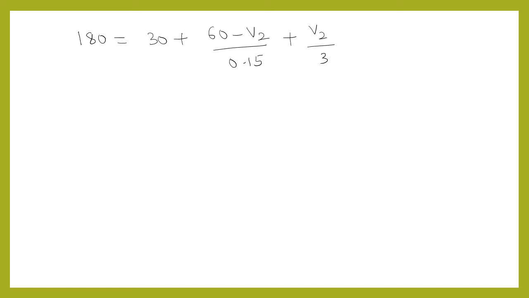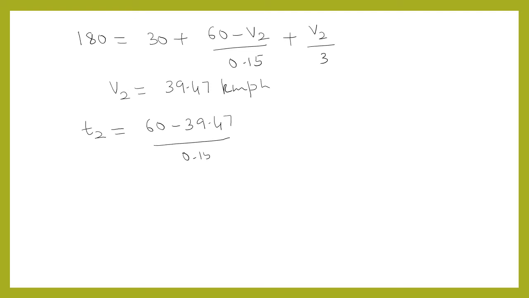Solving this, we get the speed at the end of coasting period V2 as 39.47 km per hour. Therefore, the time for coasting period T2 is 60 minus 39.47 by 0.15, that is around 137 seconds.